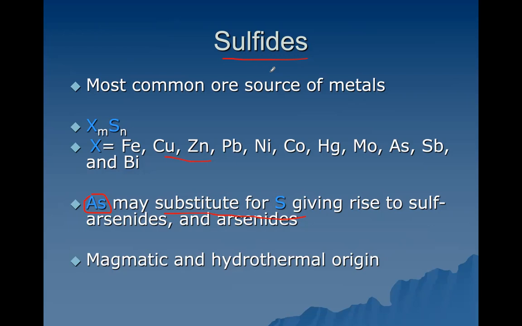When it comes to have some oxidizing conditions, then it can convert into elemental sulfur or sulfates. Then magmatic and hydrothermal origin is already there, as we discussed. That means related with hydrothermal deposits and magmatic flows, magma flows.